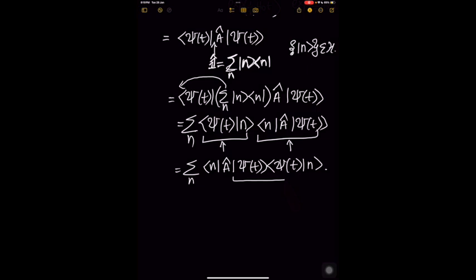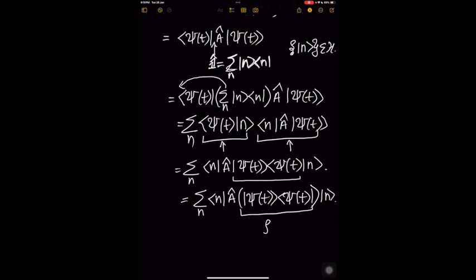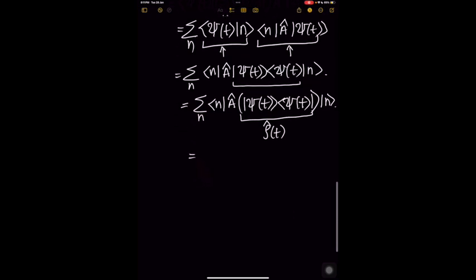So here, if you notice, you have your density operator. So that's good. So I would rewrite this as bra n, A hat, times ket psi of t bra psi of t. So I'm going to pull out the density operator acting on ket n. So this is rho hat t for the pure quantum system defined, and then this gives you sum over n, bra n, A hat, rho hat t, ket n.